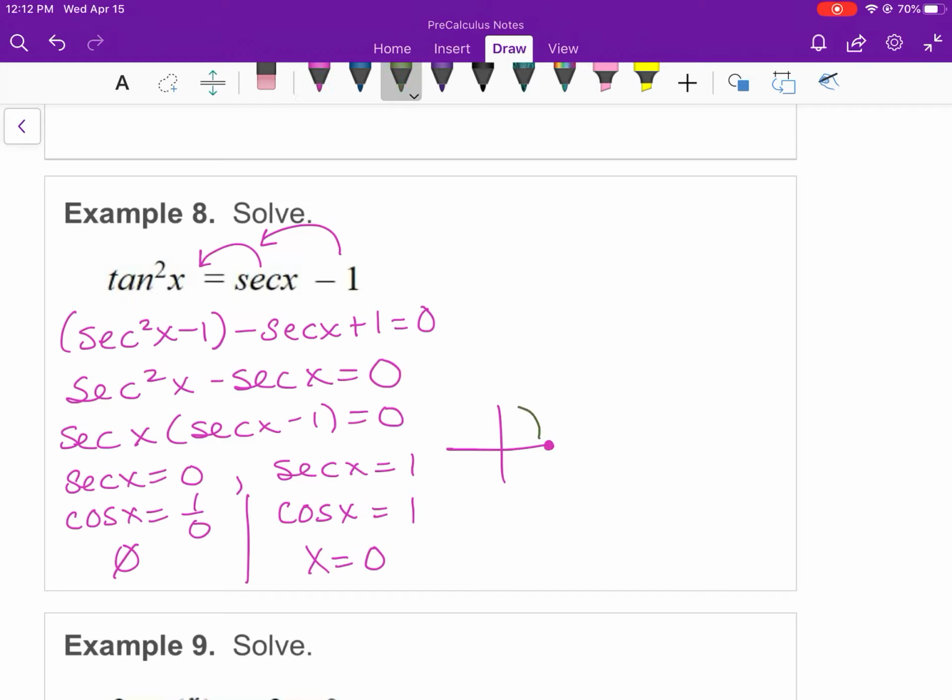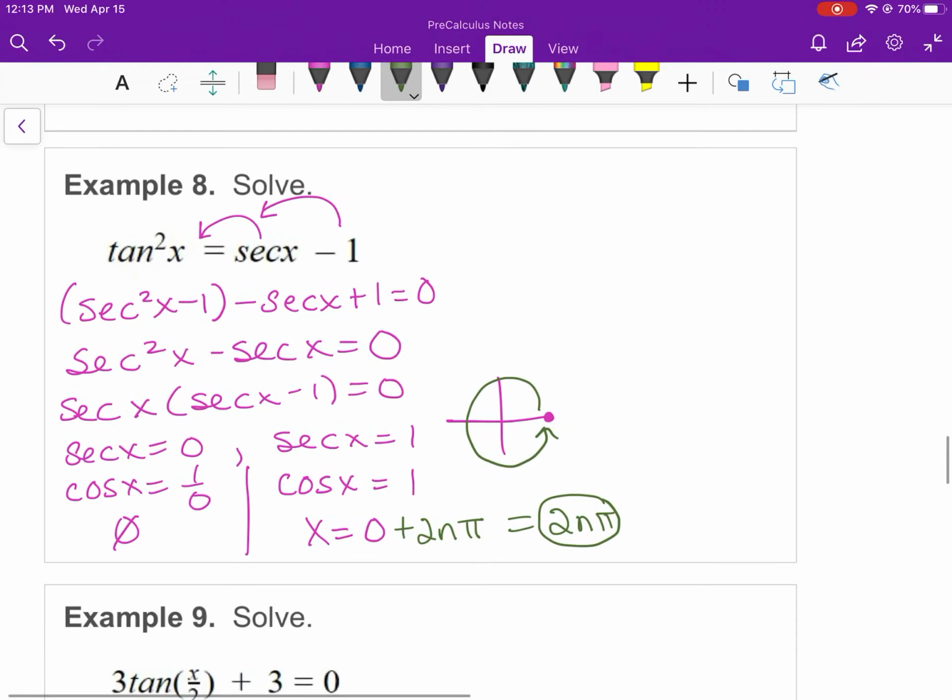If I add 2 pi to that, I'm right back at 0. So I'm going to add 2n pi to that. Now, that's the same thing as just 2n pi. So when n is 1, that's 1 trip around the circle. If n is 2, then that's 4 pi, and the cosine of 4 pi is still 1. So again, you're just naming a whole bunch of coterminal angles.